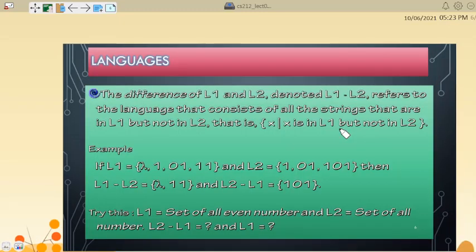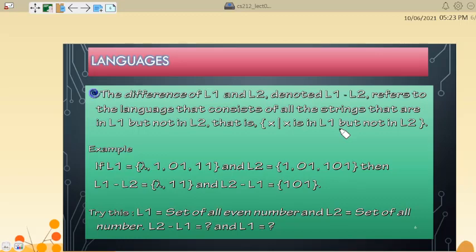Another operator is the set difference. If we say the difference of L1 and L2, we write L1 minus L2. It means the elements that are in L1 but not in L2.